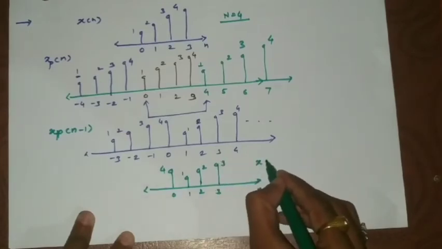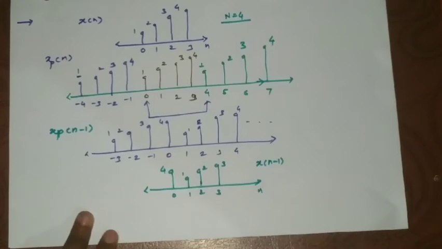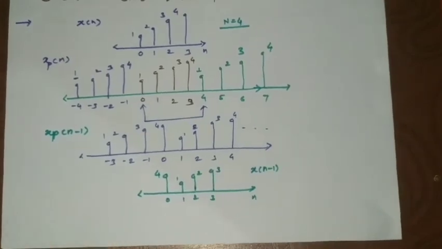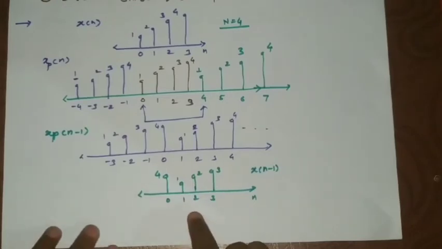This is our term shifted by 1 unit. Similarly, when you shift it by 2, 3, 4 units, we will get the sequence to be repetitive. Now we'll represent this on a circle. So let us try this with the help of a circle.